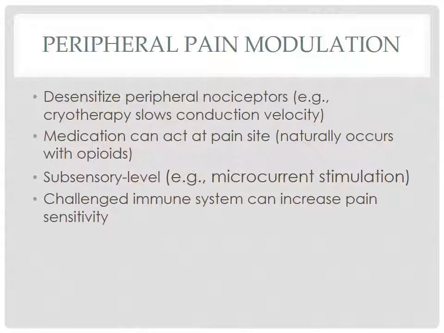Where we see some of the other things as far as peripheral pain is the immune system. When it's challenged, in other words, when someone has a really bad cold or a flu virus, what's one of the things they complain about? They complain about muscle aches and pains. There are reasons for that directly in those areas, but part of the reason individuals are so sensitized to pain is that when the immune system is challenged, it allows pain receptors to become more active.